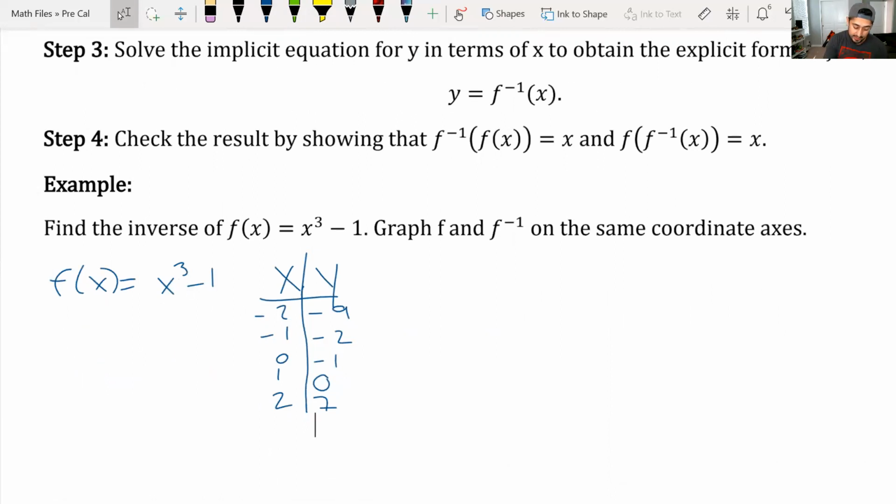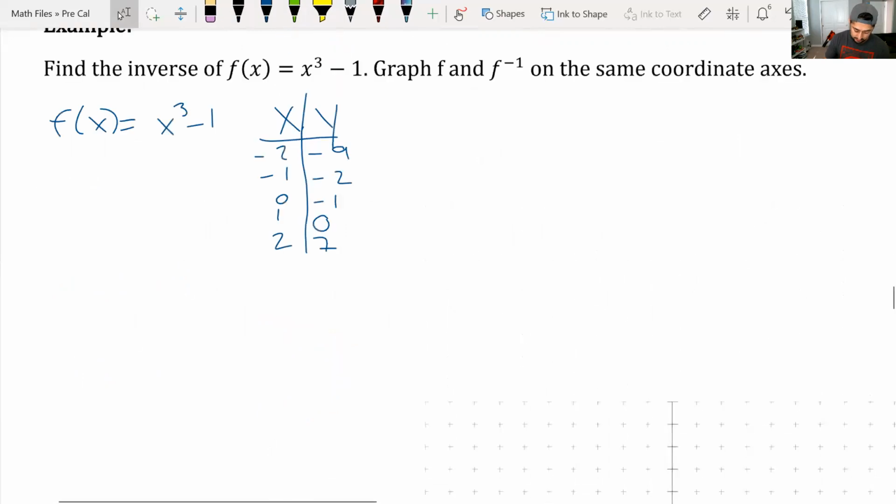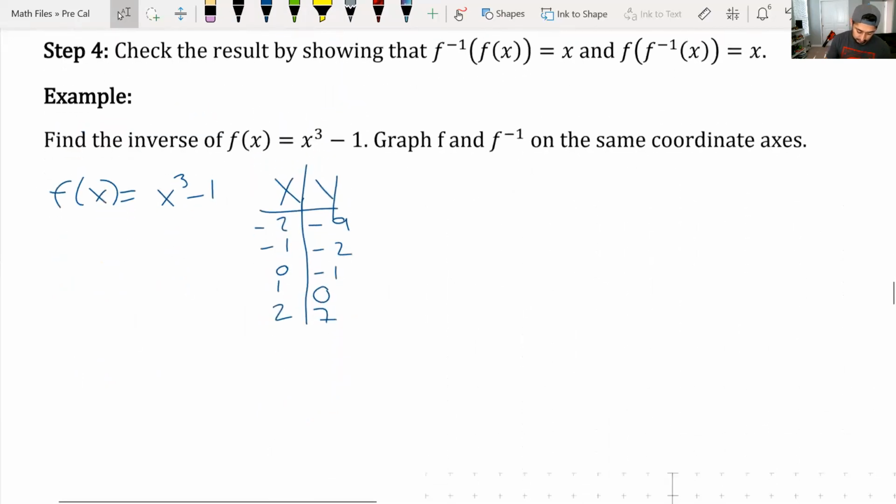Now let's find the inverse. Where's the most room at? I can do that here. Okay. So now let's find the inverse. Okay.